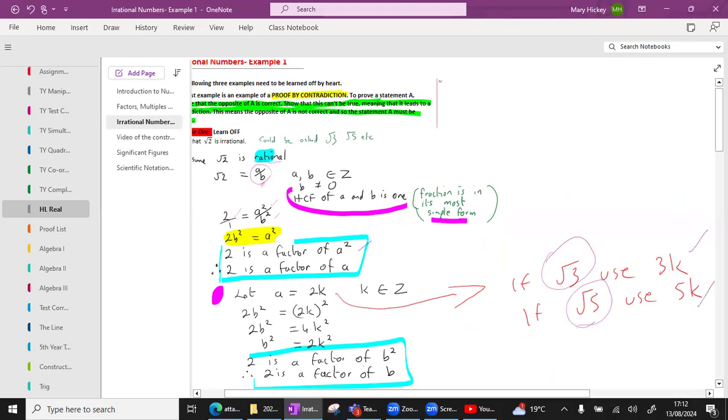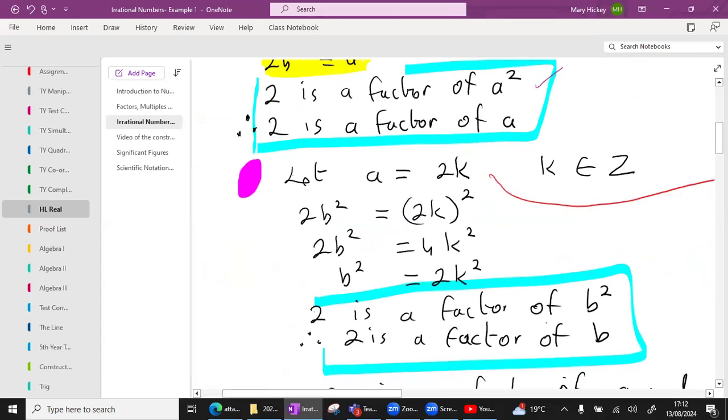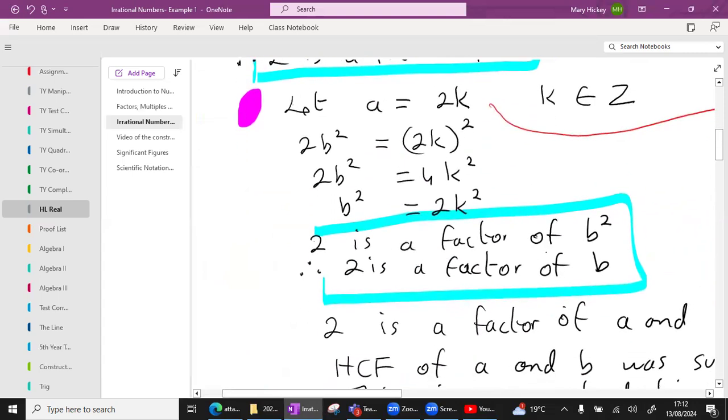So you're going to use this format regardless. In this case, we're doing root 2, so I'm using 2k. You'll see the reason in a sec. You have to remember that. That's one of those lines you're going to have to remember. And I've also said that k is an element of Z. In other words, again, it's whole, either positive or negative.